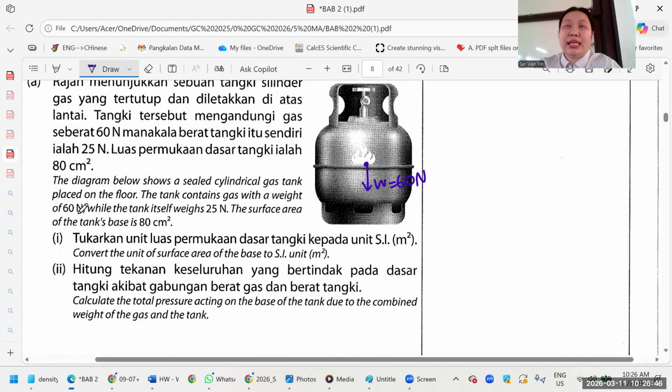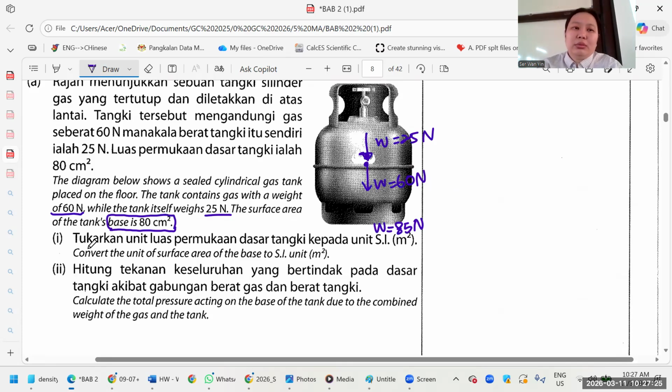As long as we see numbers, we identify and jot them down. This is physics. And then the tank itself is 25 Newton, so you add them, total is 85 Newton. The surface area of the tank base is 80 centimeters square.